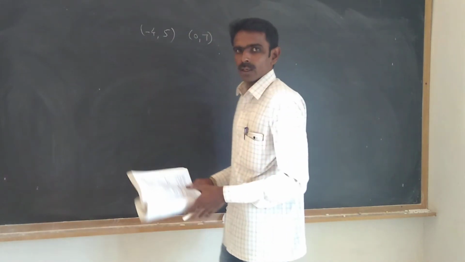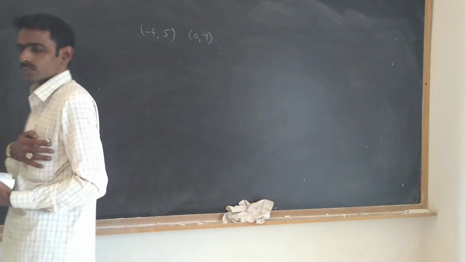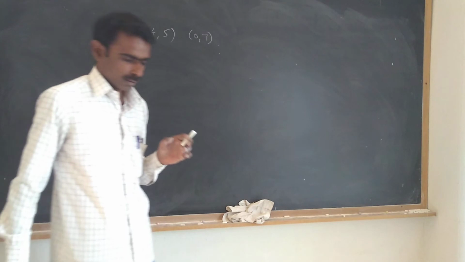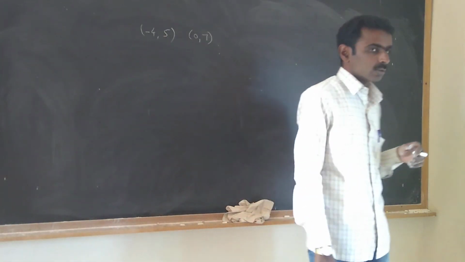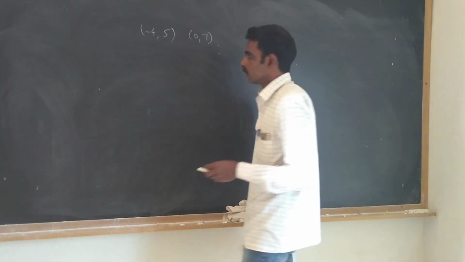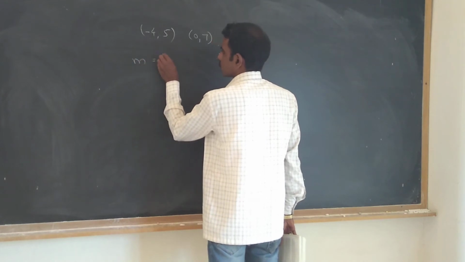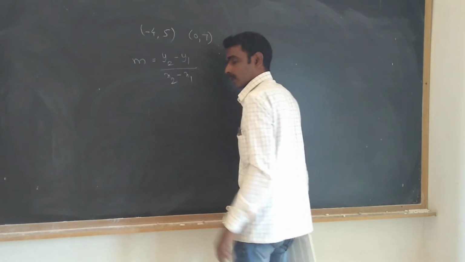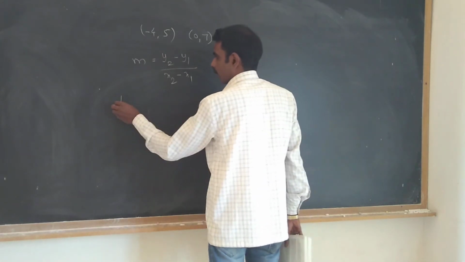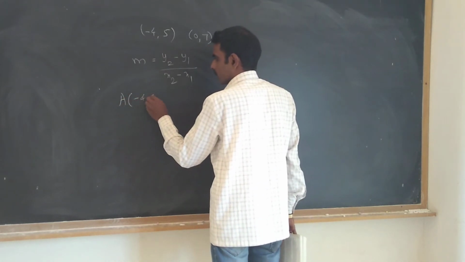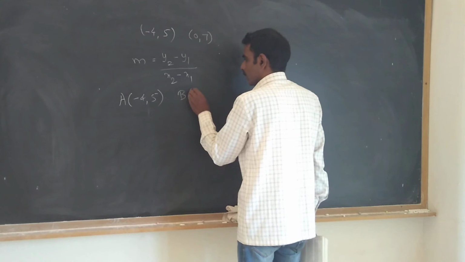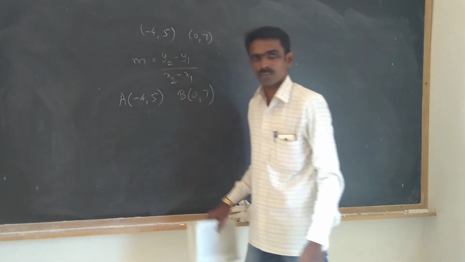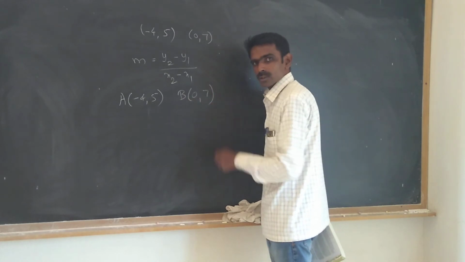So these are the two points, and we need to find the slope of the line. Now here m is equal to y2 minus y1 divided by x2 minus x1. So I will take the point A as (-4, 5) and B as (0, 7).